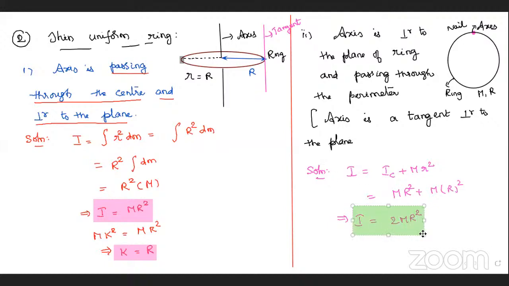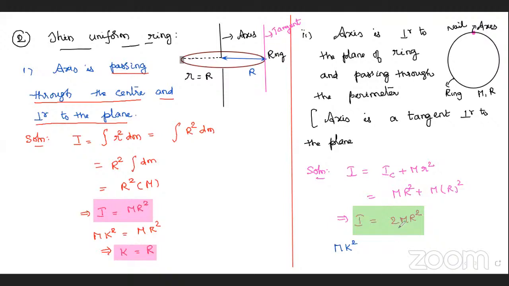Then last but not least, better you find the radius of gyration also. I is equal to M K square. Where are you asking? Look at the first diagram, you can understand. The axis, whatever I took here, I drew there.